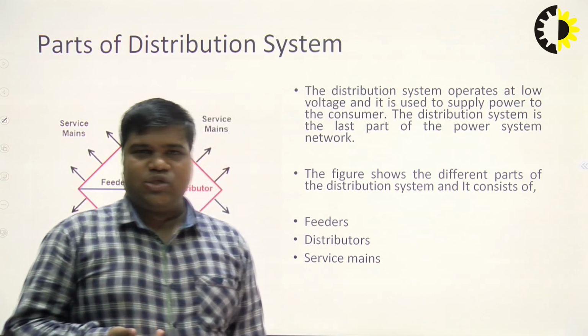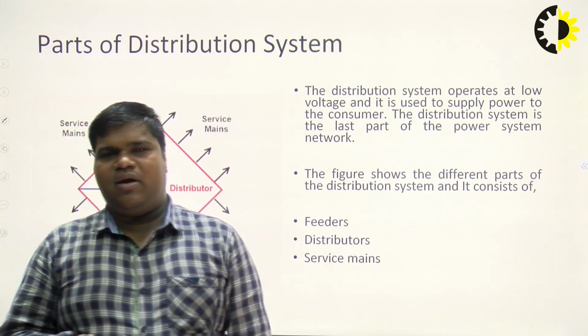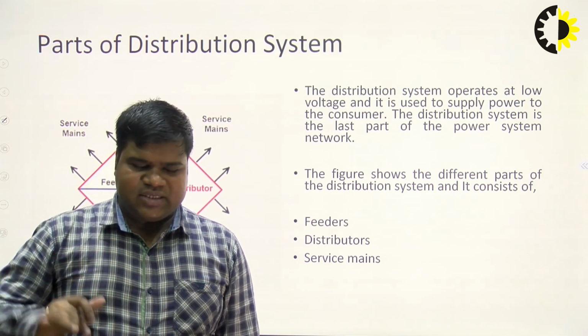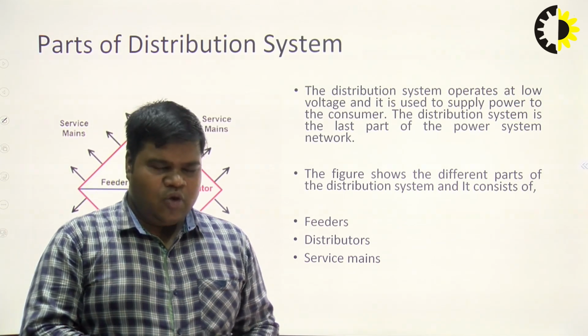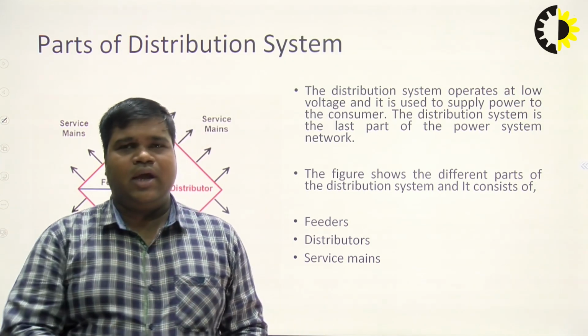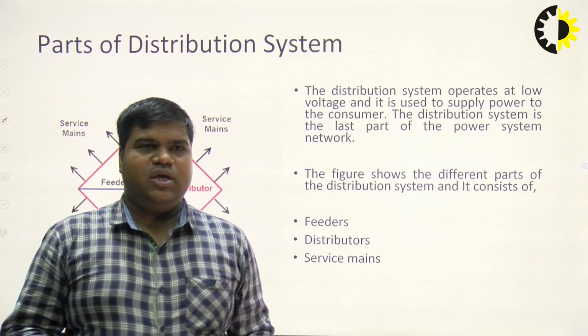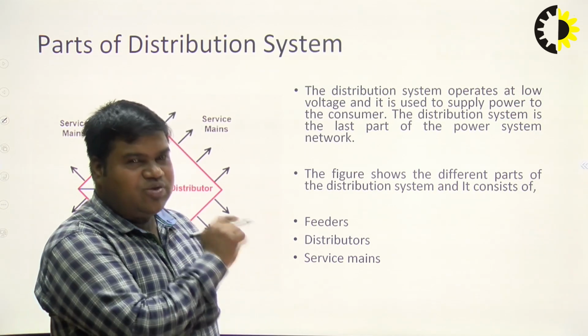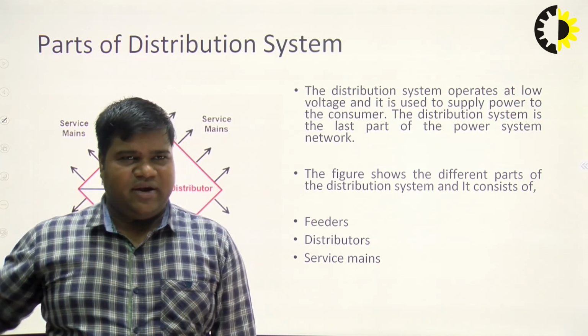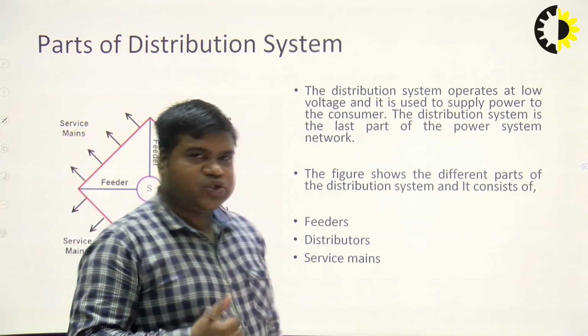The distribution system is the last part of the power system network, consisting of the transmission and the distribution part.